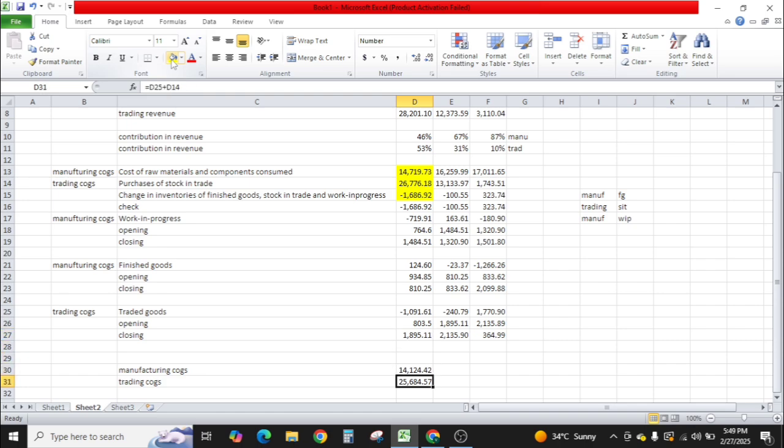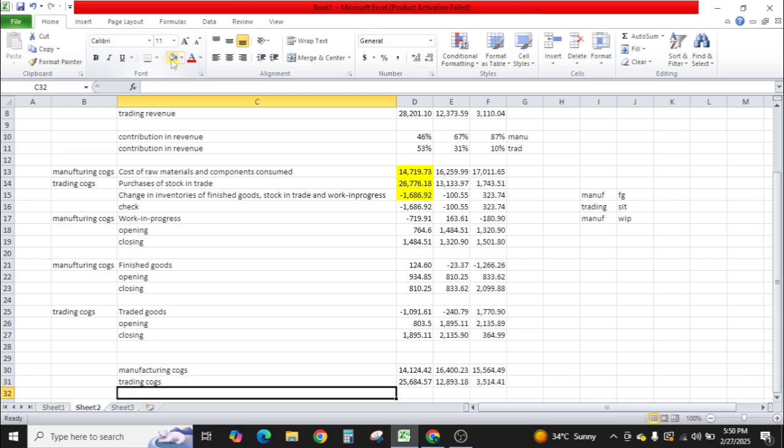So with this we have got the manufacturing COGS and traded COGS. Now same way we will copy, which will be finished good plus work in progress plus COMC, and for traded, stock in trade plus purchase of stock in trade.